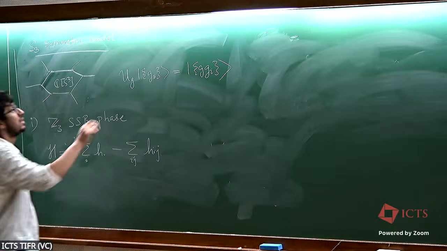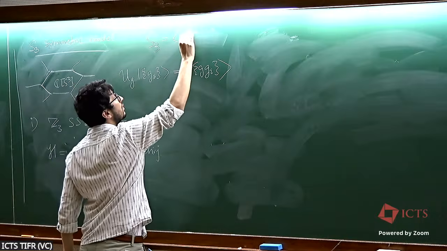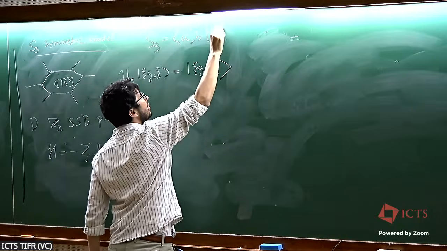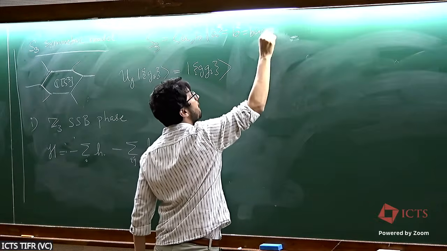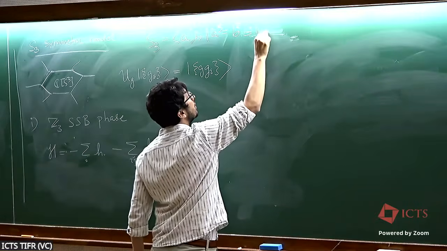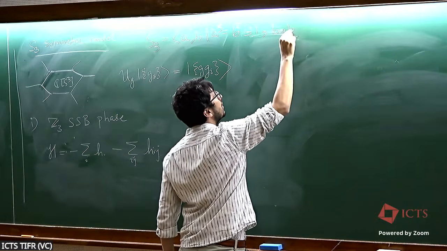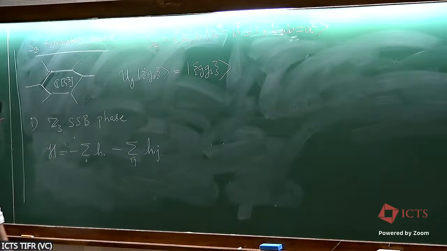So S3 is generated by A and B. I want to construct a Z3 SSB phase. Let me describe the Hamiltonian. It has two kinds of terms.